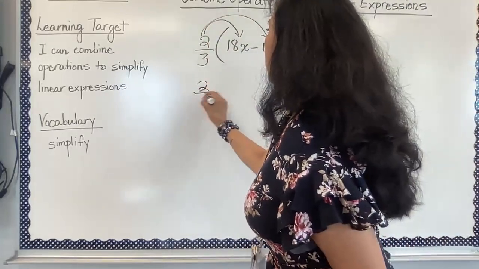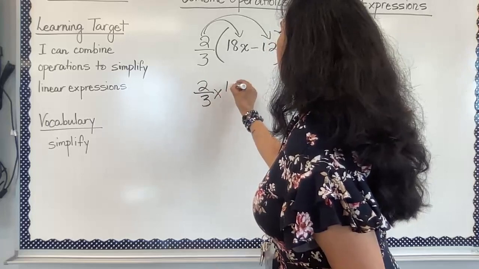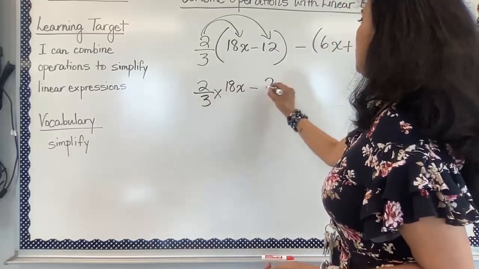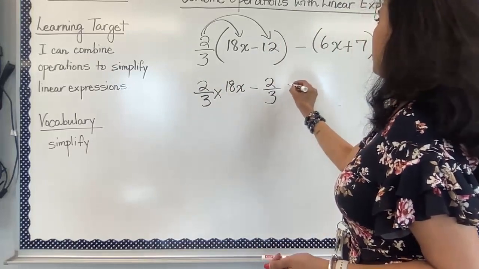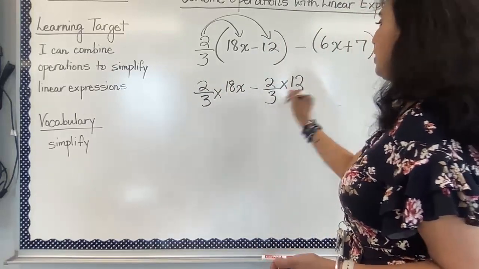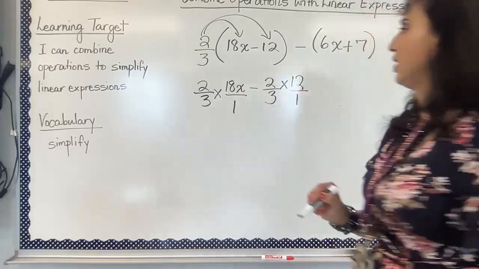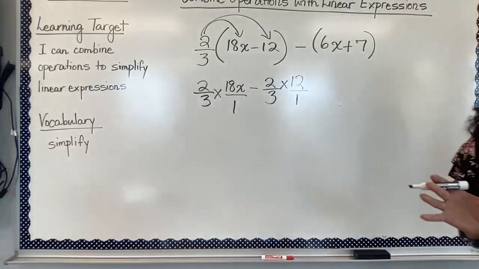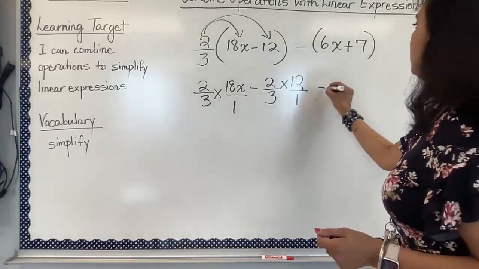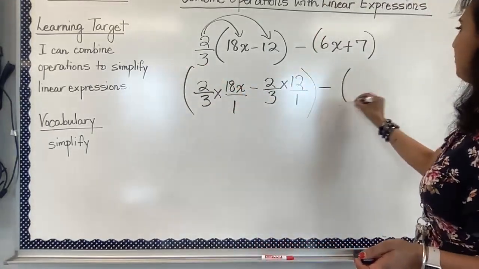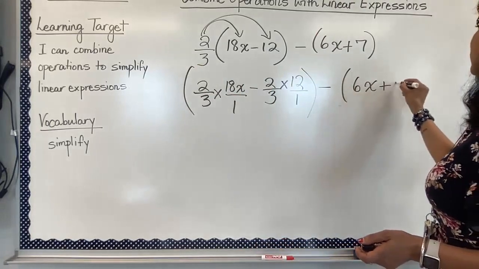So 2/3 times 18x minus 2/3 times 12. So this part can be over 1, so that I can first calculate that portion. And this whole thing minus (6x plus 7).